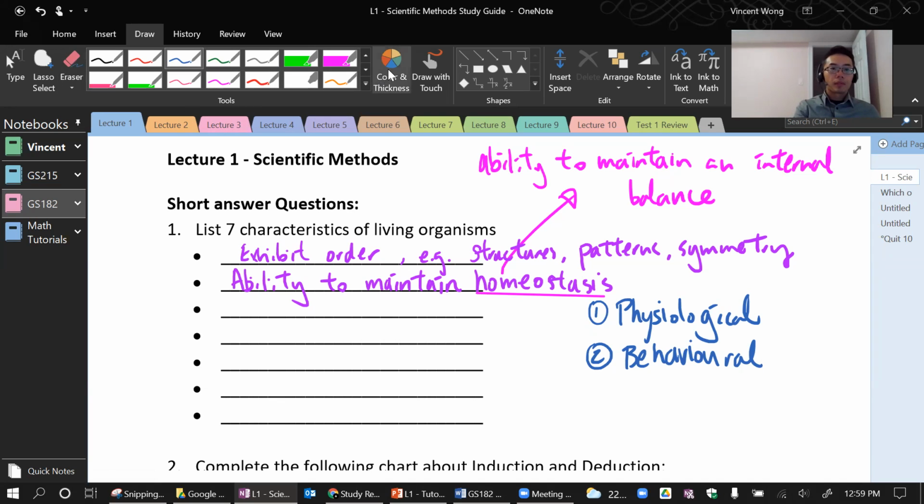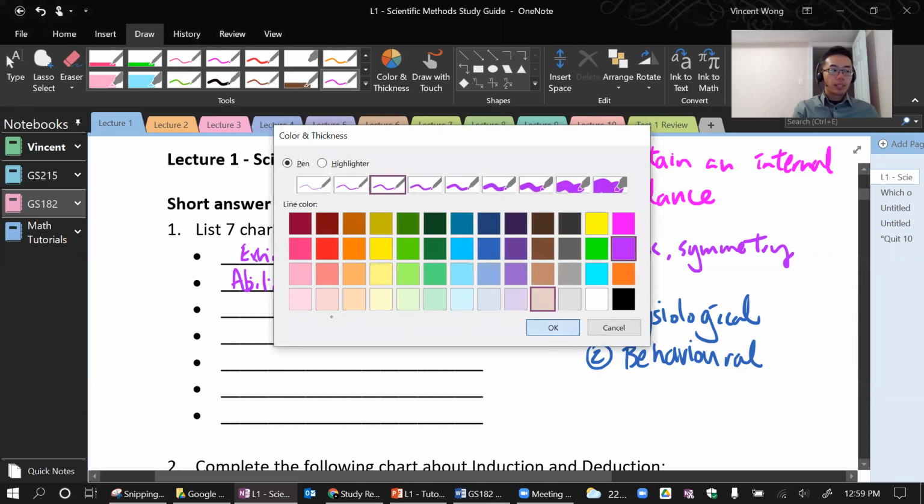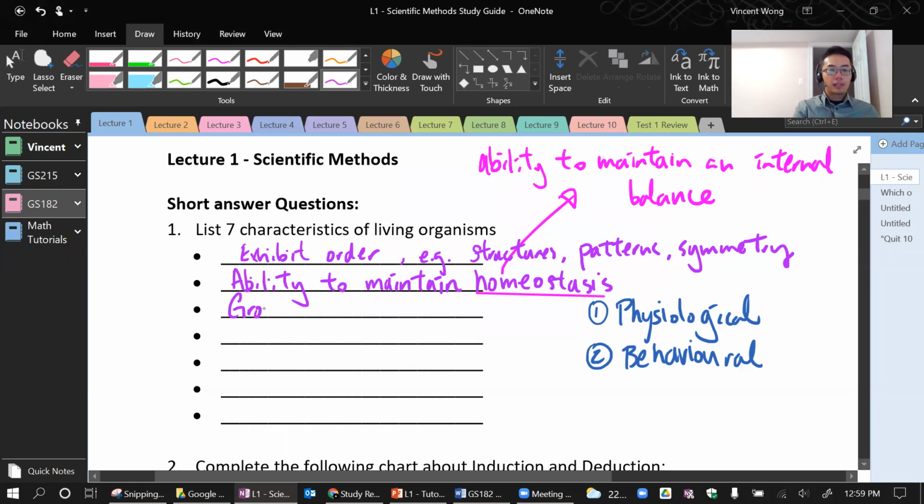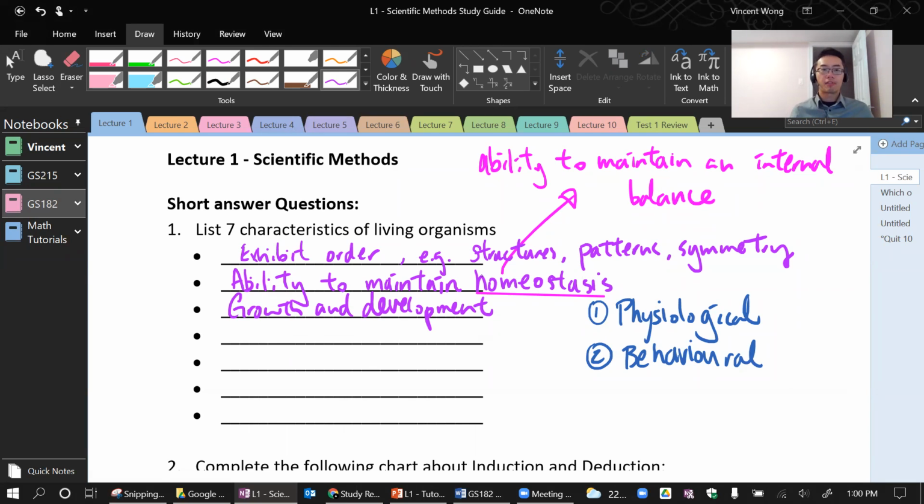Next one is growth and development. We were very tiny when we were babies, and now we grow and we develop. Other organisms have very distinct growth phases, like a butterfly, right? It starts with the egg, the caterpillar, the cocoon, and then the butterfly.